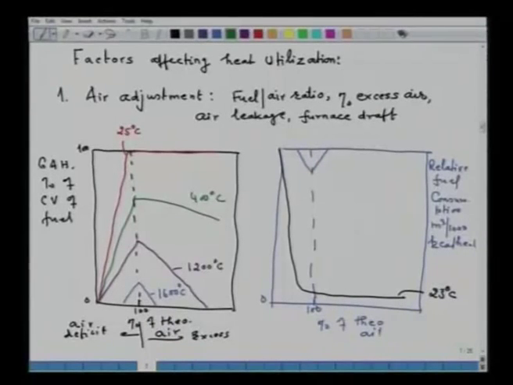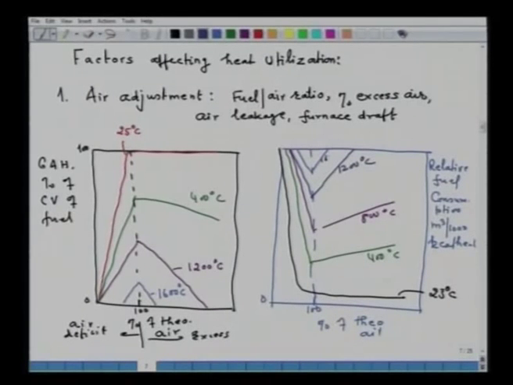Now, if I have for example 400 degrees Celsius, this is for 400 degrees Celsius, and if I have for example 800 degrees Celsius, and what is important to know, say if I take 1200 degrees Celsius, then the fuel consumption decreases up to the stoichiometric amount, then it drastically increases.